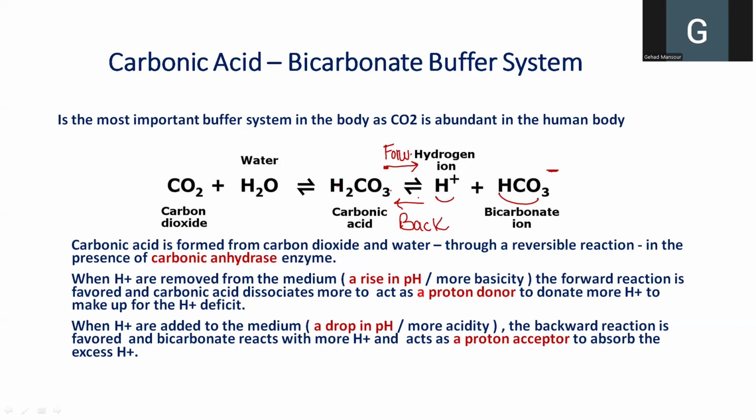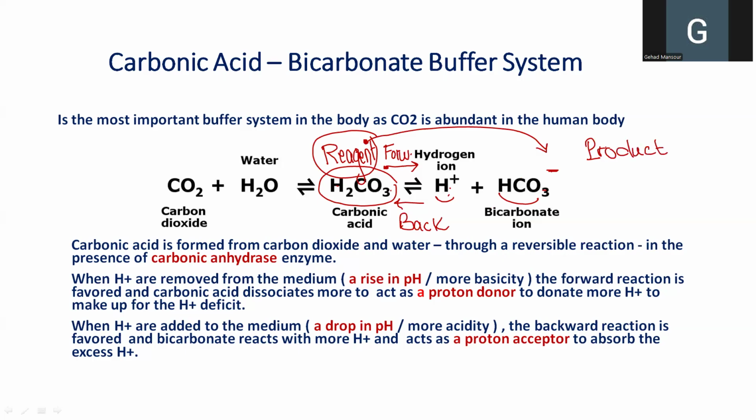At the beginning, if we begin with carbonic acid, then it will dissociate into protons and bicarbonate at a high rate, because we have a large amount of the reactant, which is here carbonic acid. The reactant molecules are still abundant, so they give a big number of product molecules.